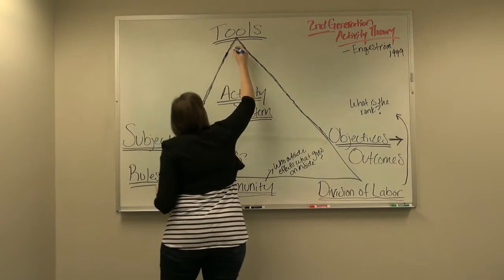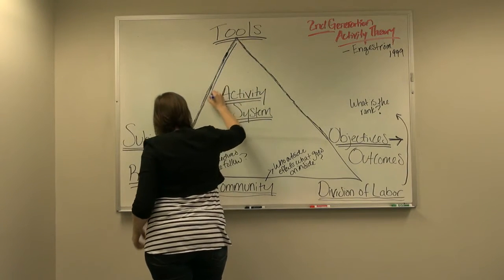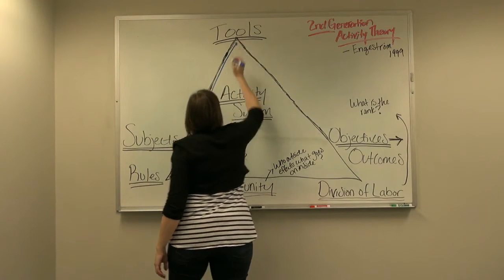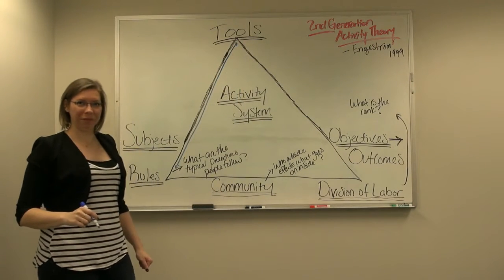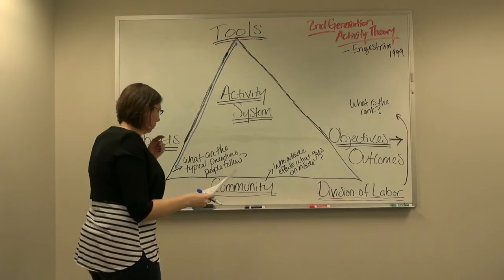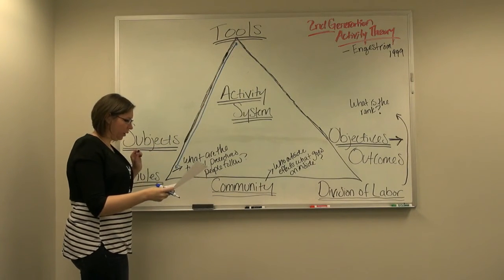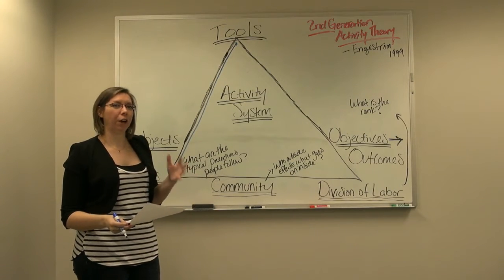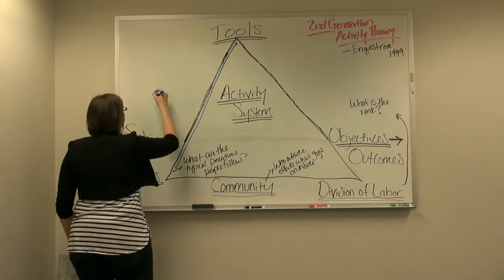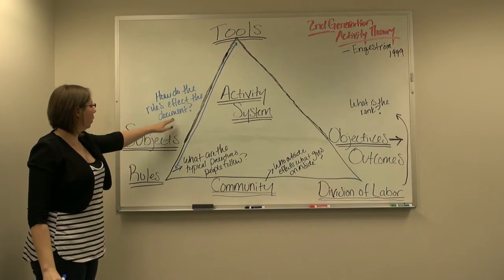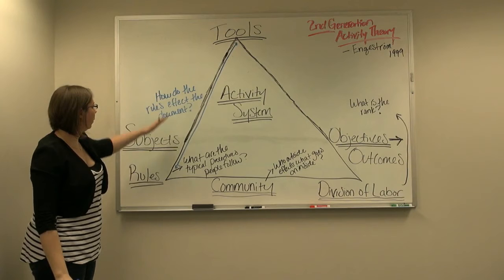So we could go from tools to rules. Tools to rules. How are tools and rules related? So how do the rules affect the document? Remember, we're focusing on writing, right? Okay, so this could be our question connecting these two things.